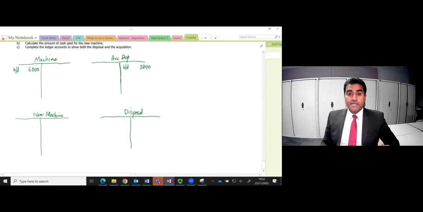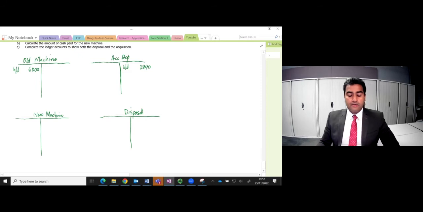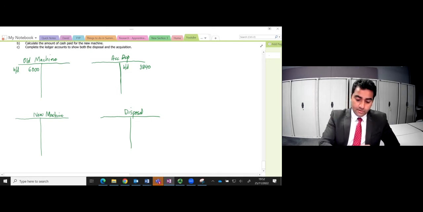So the first thing, I need to remove the old asset from the old asset account and transfer that into the disposal account, the first double entry. So disposal account is debit, £6,000. I'm just going to record it as old, and £6,000 I'll record as disposal.